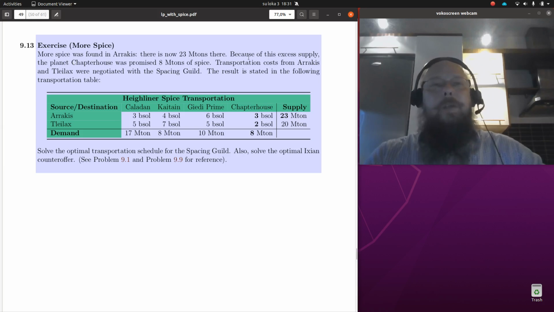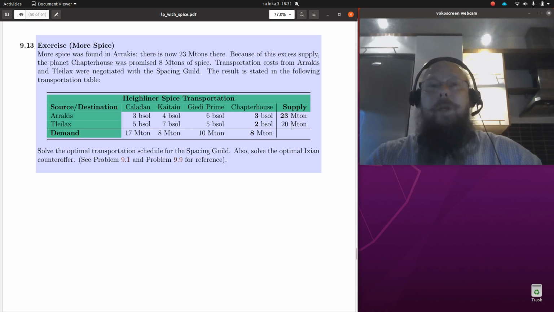Then the transportation costs from Arrakis and Tleilax were negotiated with the Spacing Guild, and the result is stated in the following table. This is the same highliner spice transportation table that we had before, except what is here in boldface. Chapter House has this 8 megaton demand, and Arrakis has this 3 megaton supply.